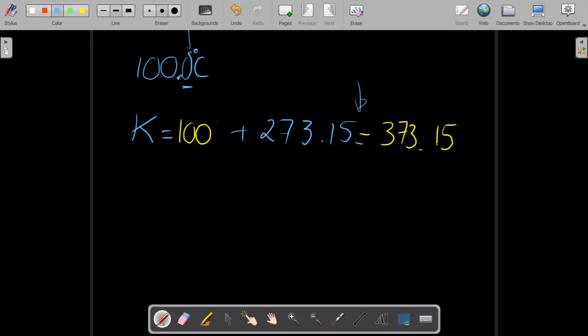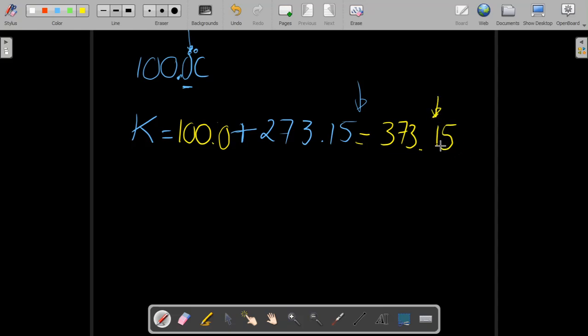So that means that we need to stop in the 10th position. This is an addition. And the rules for significant figures when you have additions or subtractions have nothing to do with counting significant figures. It has to do with positions. So this one has 1 after the decimal point, the 10th position. That means that our answer needs to stop right here in the 10th position.